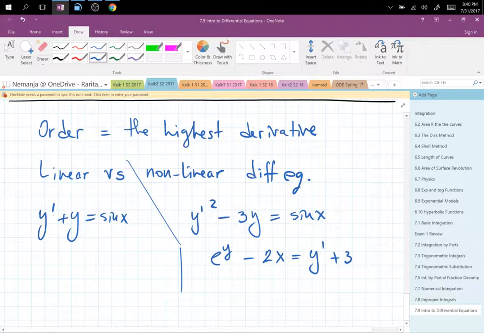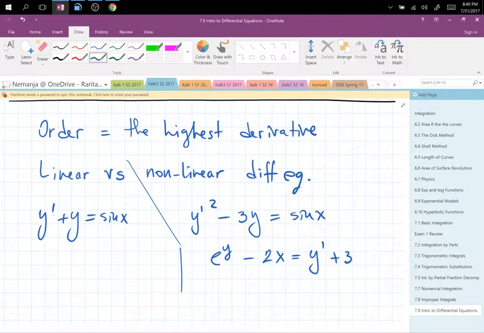That's not linear either, because of e to the y. If it was e to the x, it would be linear. So you are not allowed to have any kind of function composition with y's. You can't square them, can't cube them, can't put them in sines, cosines, tangents, nothing. So we have the world of linear differential equations and the world of nonlinear differential equations.